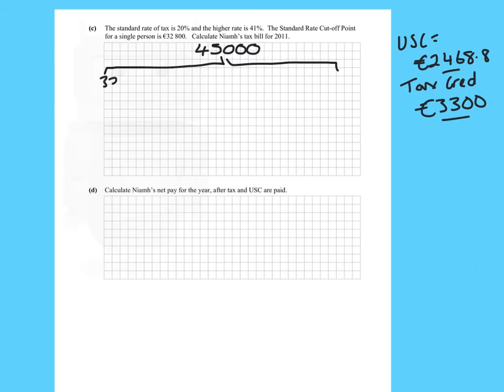So again, 32,800, and I'm going to multiply that by 0.2. I should probably know this by now, but 32,800 multiplied by 0.2 gives me 6,560. Then I am going to take 45,000 minus my 32,800 to get the amount that I'm going to tax at 41%.